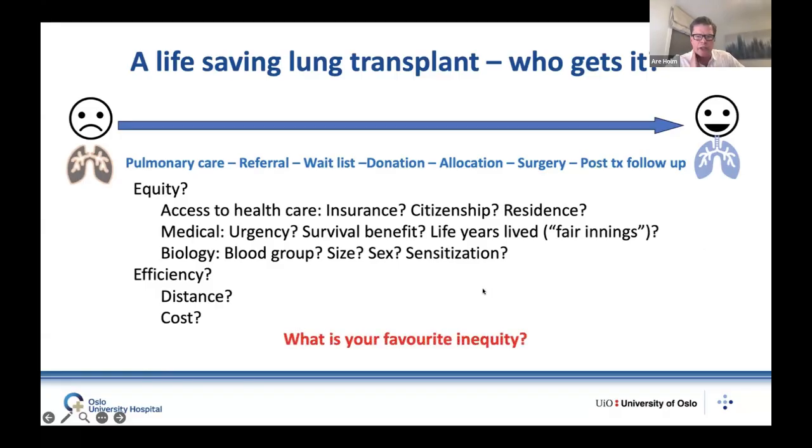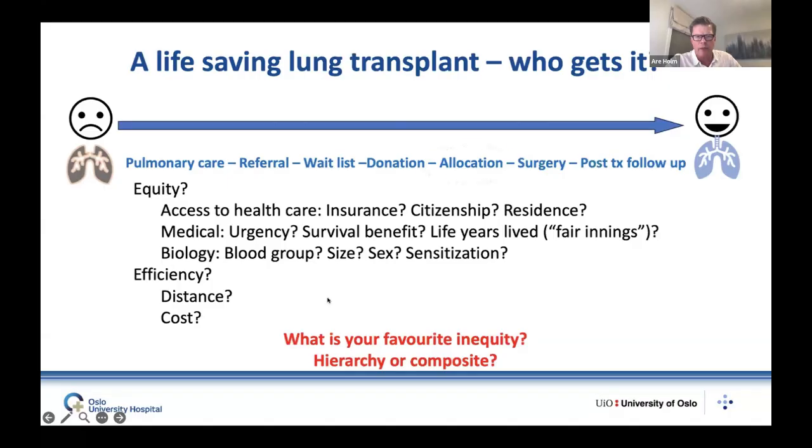So when you look at this list, what is your favorite inequity? Which one do you want to focus on in this entire list? And another thing that struck me preparing for this, when you see a list of values or a list of inequities, do you want to create a hierarchy, like a flow chart, or do you try to make a composite, like a big equation with X's and Y's, and equate a blood group inefficiency with, say, distance or insurance or finance, whatever?